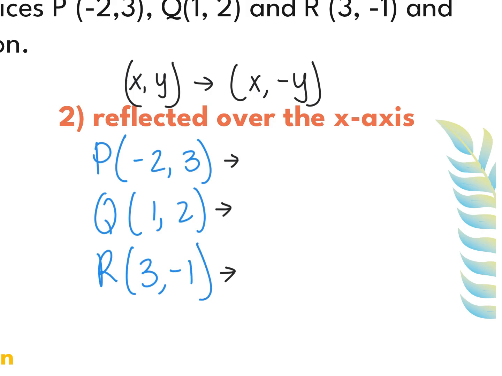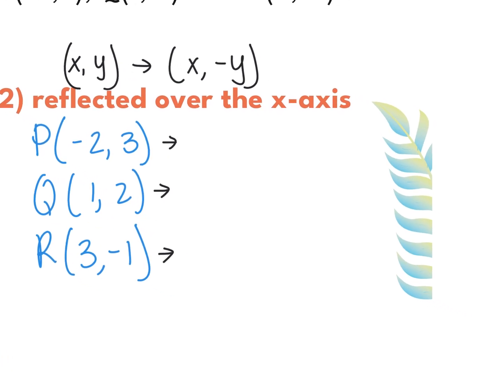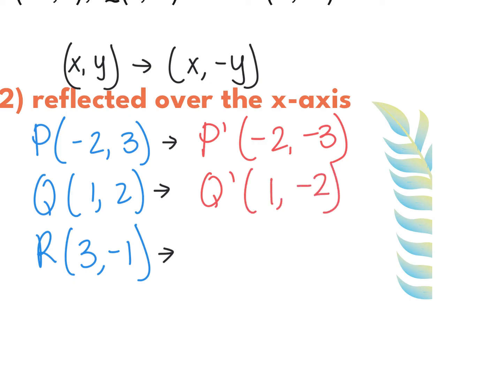Using the rule for reflection over the x-axis, I'm going to get P, which is (-2, -3), the new Q, which is (1, -2), and my new R, which is (3, 1).